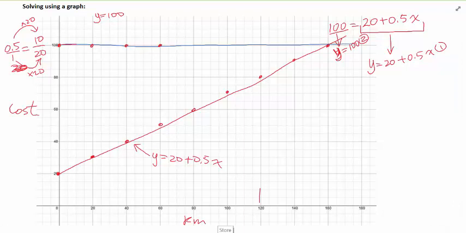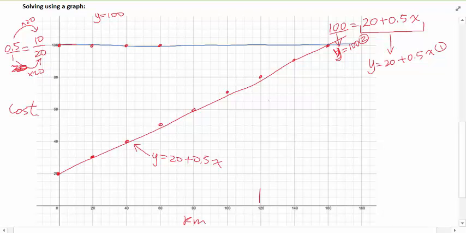Do you see when I graph the equations, where is the solution? Where can you find the solution on a graph? Where do you find the solution on the graph? Where they meet. Yeah, look.